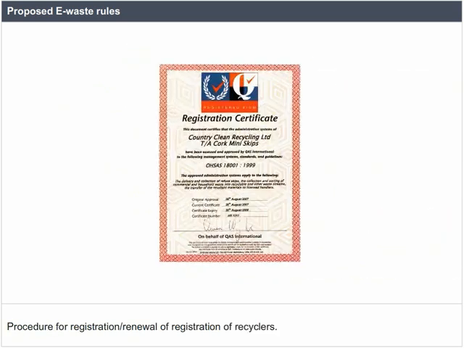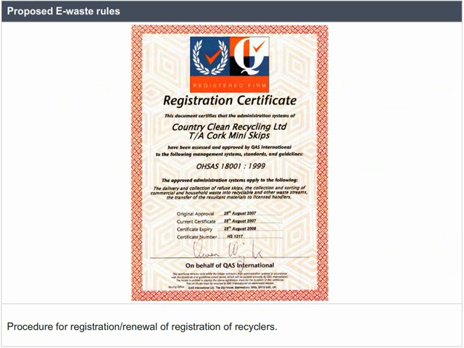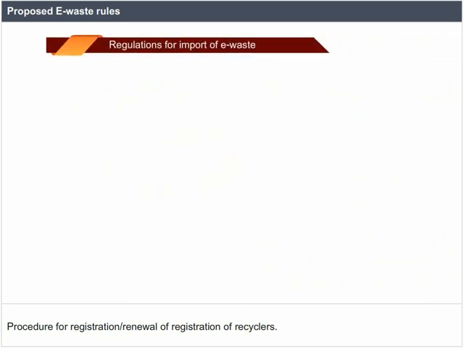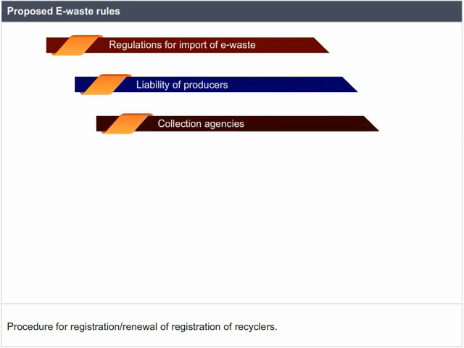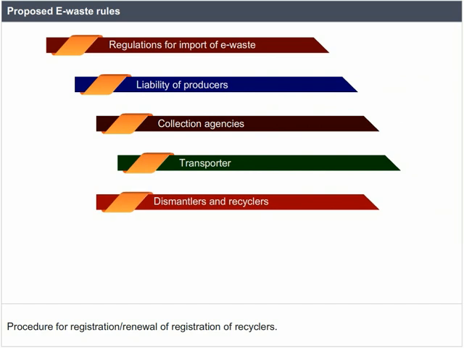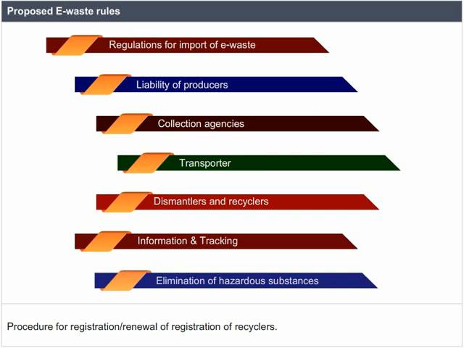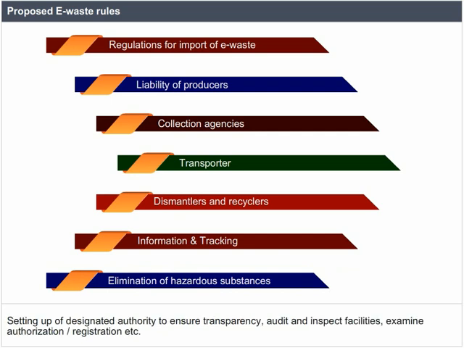Procedure for registration or renewal of registration of recyclers, regulations for import of e-waste, liability of producers, collection agencies, transporter, dismantler and recyclers, information and tracking, elimination of hazardous substances used in e-equipment, setting up of designated authority to ensure transparency, audit and inspect facilities, examine authorization, registration, etc.